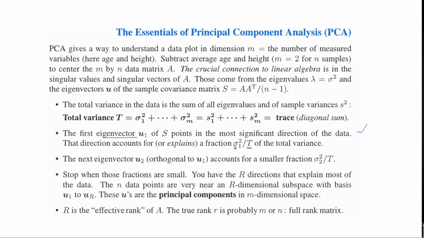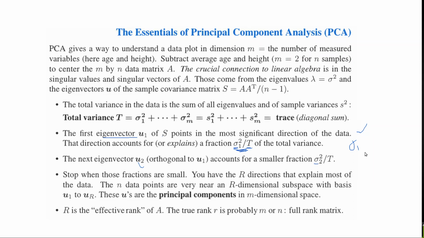Sigma 1 squared, the highest singular value, explains most of the data variance, and the next eigenvector U2 accounts for a smaller fraction.